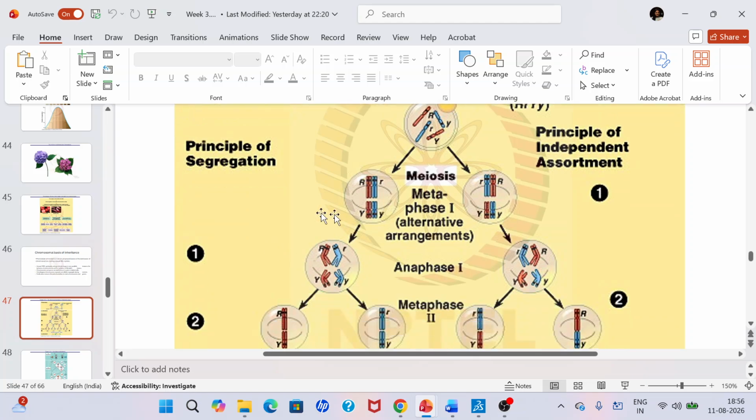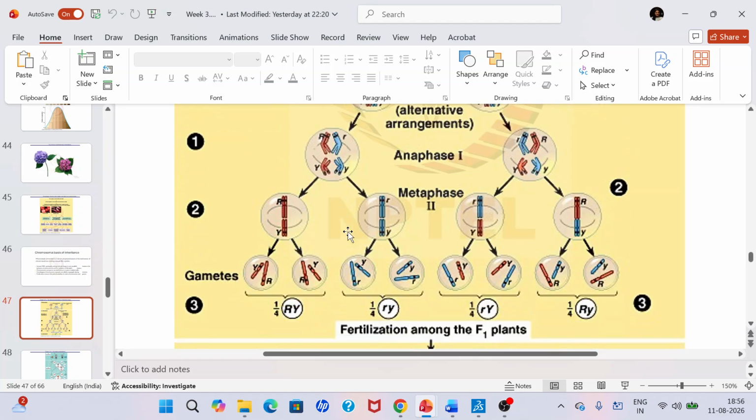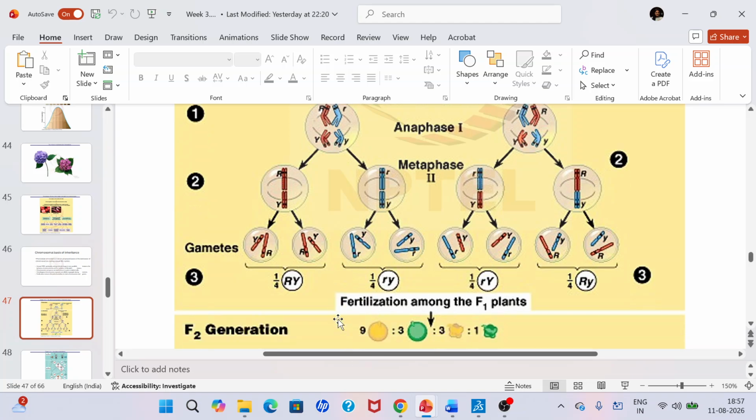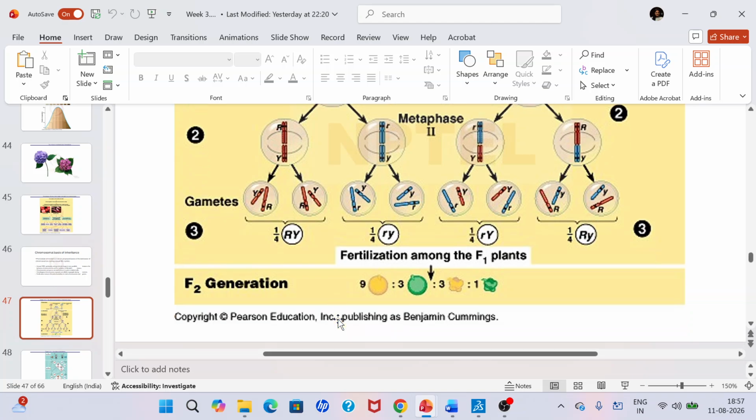Now these chromosomes will be separated to form further gametes for the next generation. Again, the independent assortment will happen, and it can give us different kinds of combinations, because these characters are independently assorted.